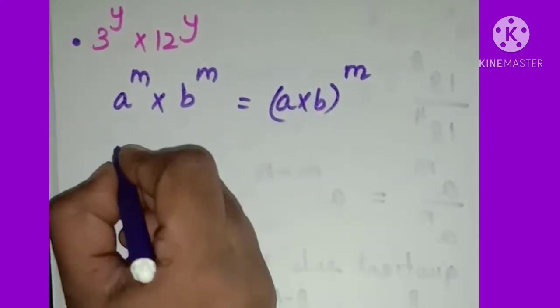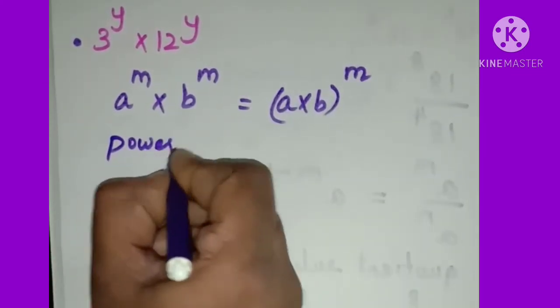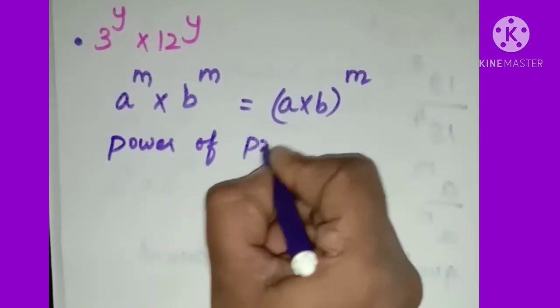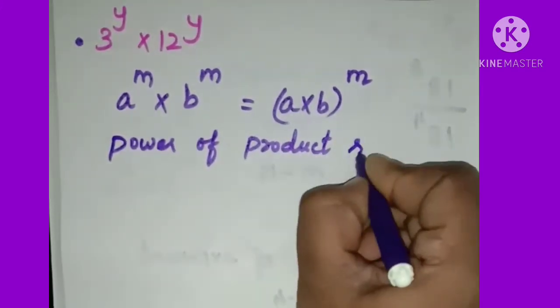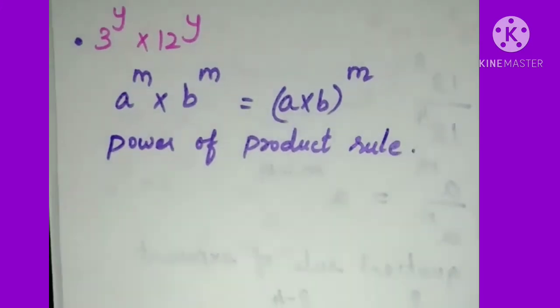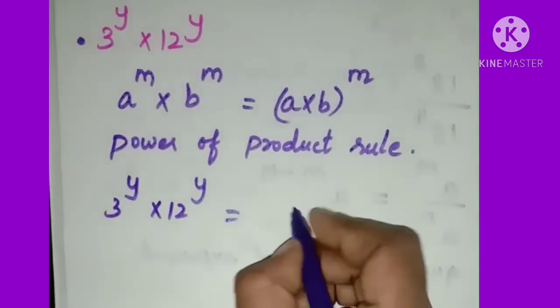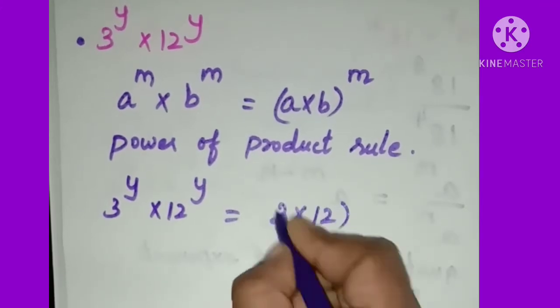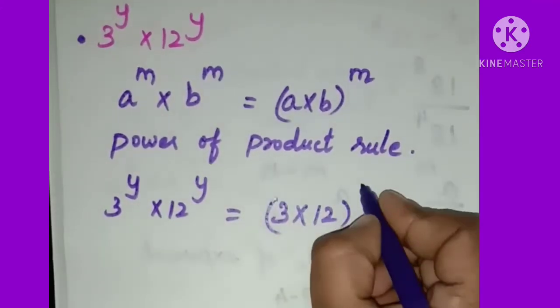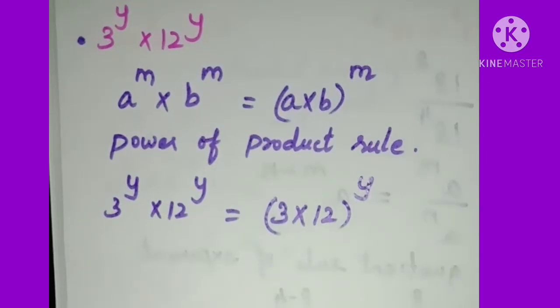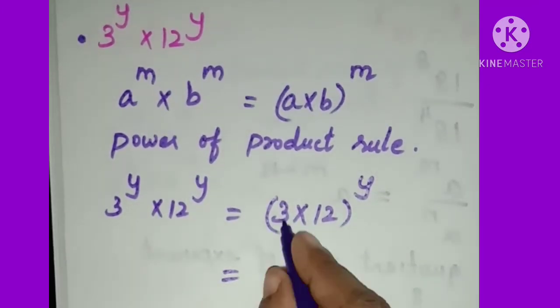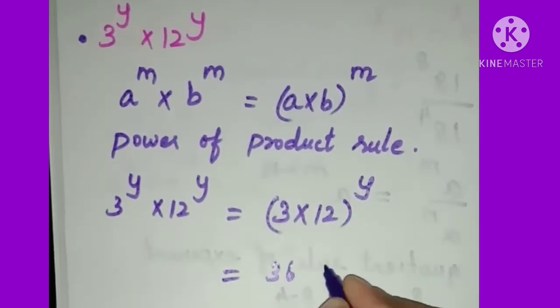So this rule is called the power of product rule. So 3 power y into 12 power y can be written as 3 into 12, take the product of the bases and write the exponent. So now 3 into 12 is 36 to the power y.